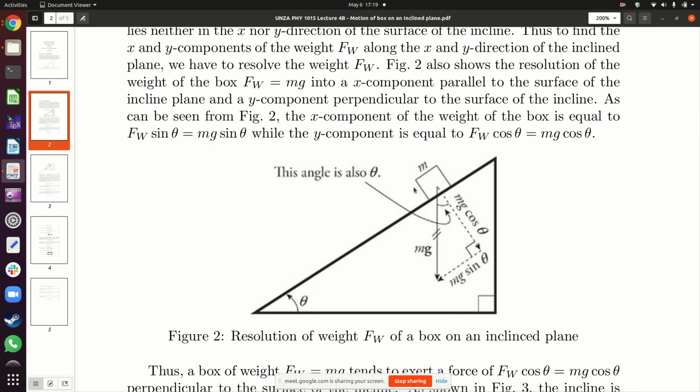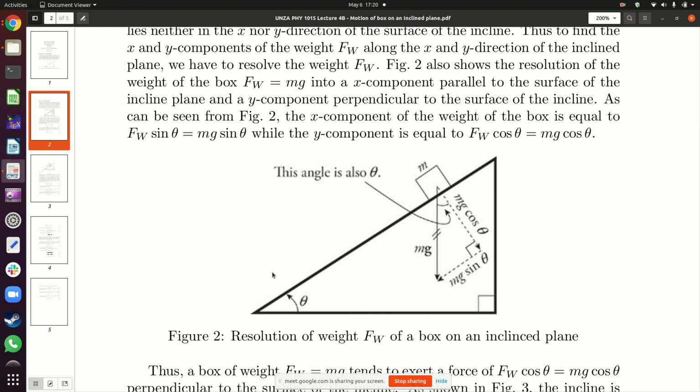The only reason why that is happening is because when the acceleration is equal to 0, according to Newton's second law of motion, the resultant force acting on the box along this direction is equal to 0 at that point.